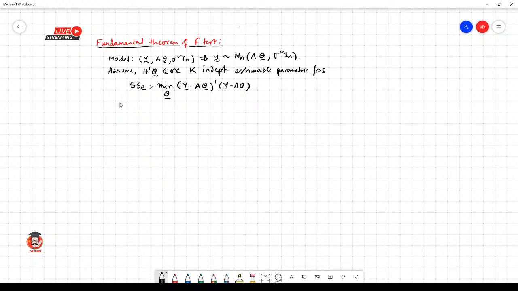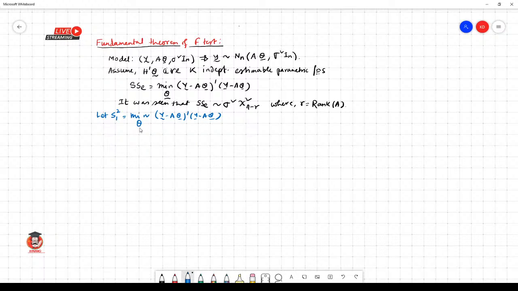And in my previous class it was seen that SSE follows sigma square chi square with n minus r degrees of freedom, where r is the rank of A. Now I define S1 square, which is equal to the minimum over theta, with another restriction I introduced, that is H prime theta equal to xi.